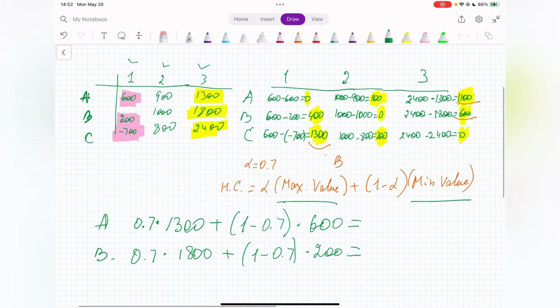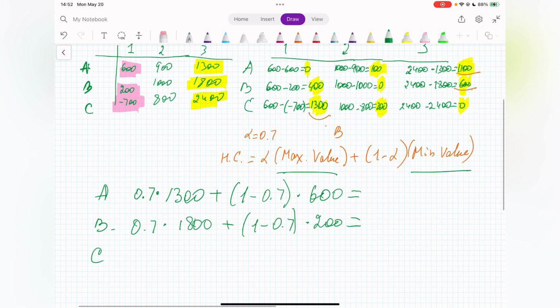And C, no, I have to take the maximum, sorry, 2400, and plus 1 minus 0.7 times negative 700.